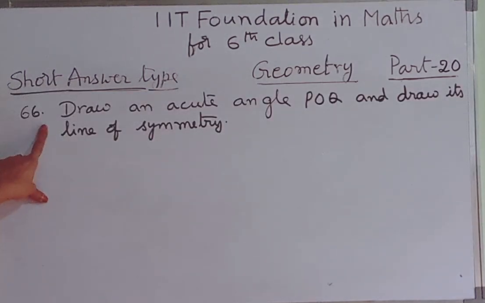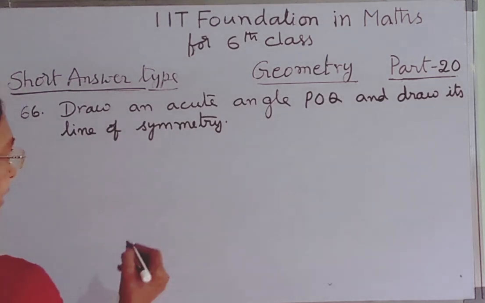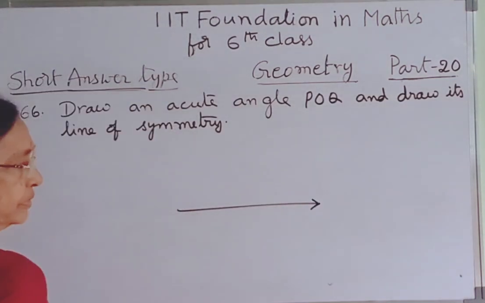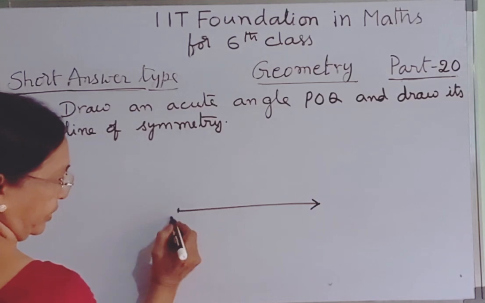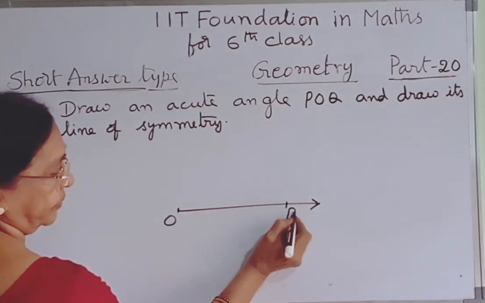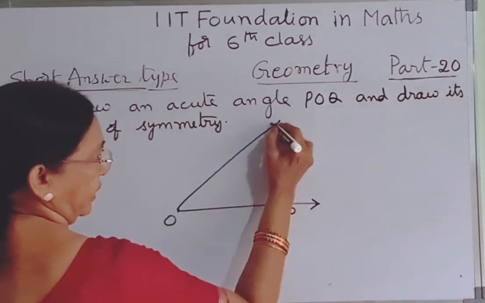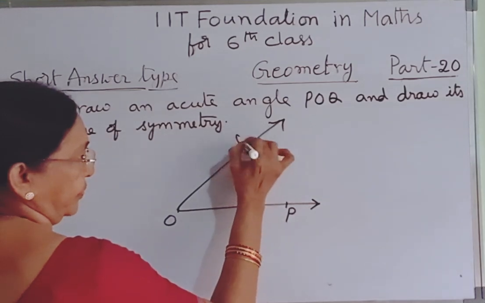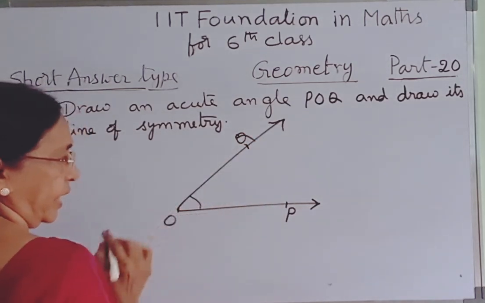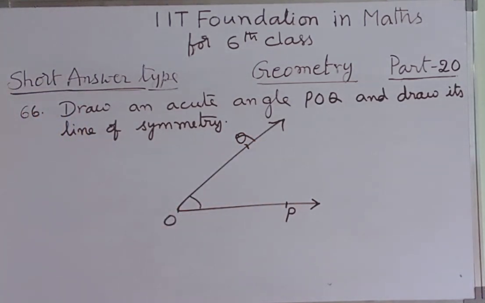Next, 66th. Draw an acute angle POQ and draw its line of symmetry. Draw a ray OP and another ray OQ. And this angle is an acute angle, angle POQ.